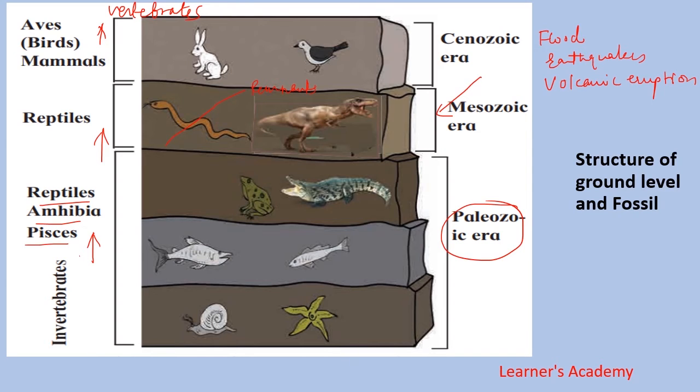After that, in the Mesozoic era, higher reptiles evolved and they also became extinct, like dinosaurs. In the Cenozoic era, mammals and birds slowly evolved. So the paleontological evidences also suggest that evolution is a very slow and gradual process which has been happening for the past 300 crore years, and we are still evolving.